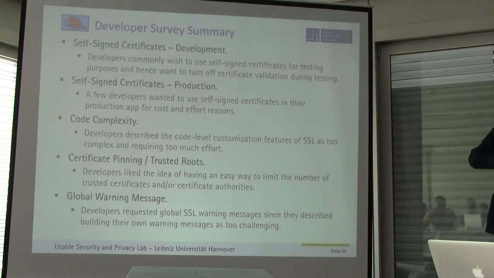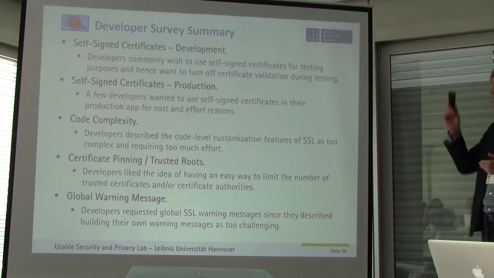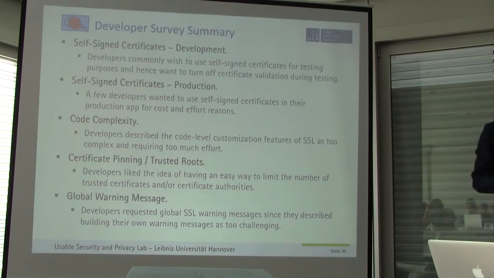So to summarize our search for the root causes of these things, we got these guiding points which we think are important to think about when we're trying to fix these things. Developers have a need to use self-signed certificates during development. This is completely legitimate, because you don't necessarily want to spend the time and money setting up correct certificates when you're just playing around and getting things started.